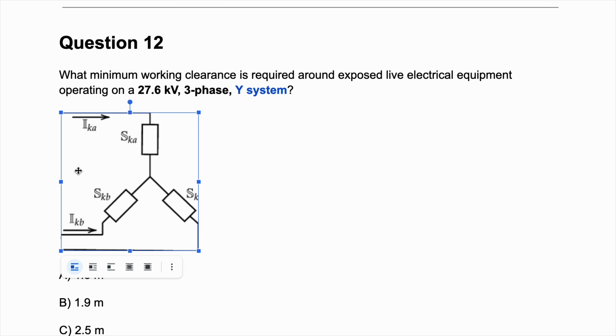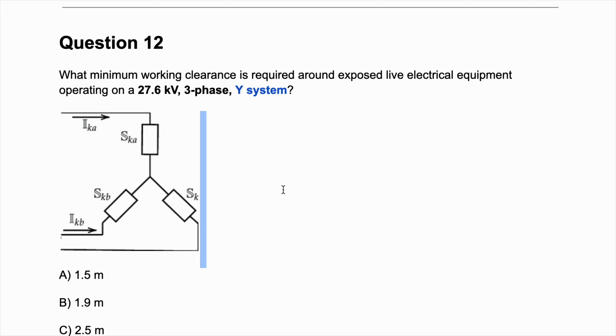It is the neutral, and its voltage is 0. So when it tells you that it's 27.6 kilovolt, it's from this phase to this phase. If you use a meter from here to here, it's 27 kilovolt.